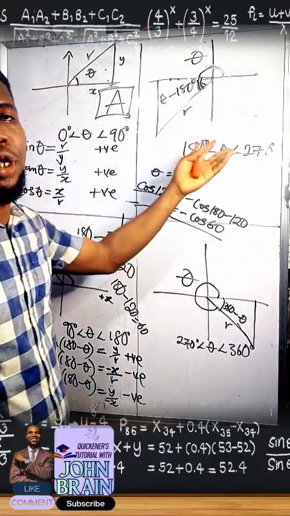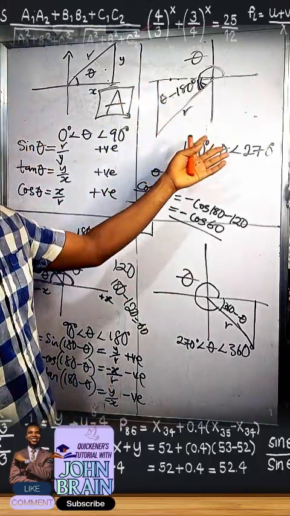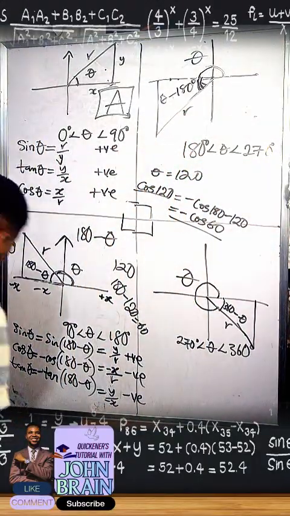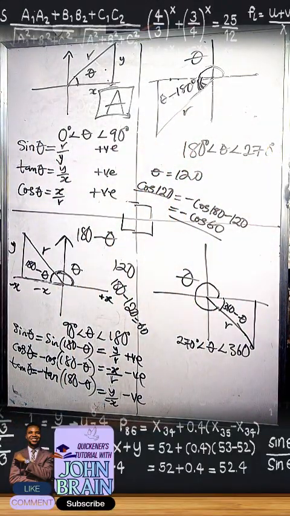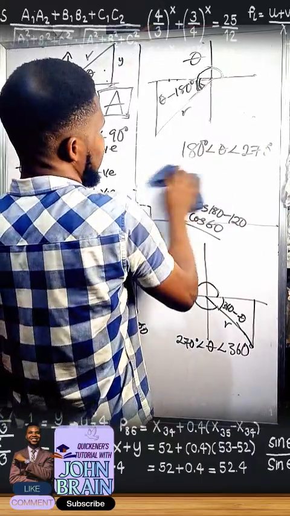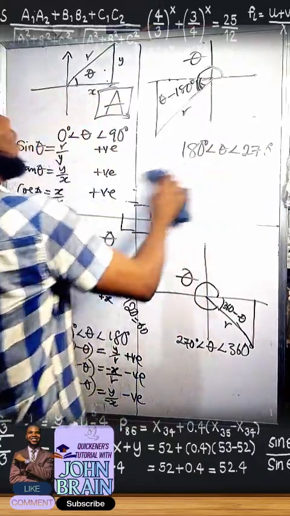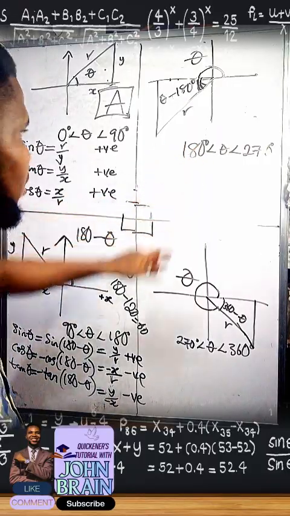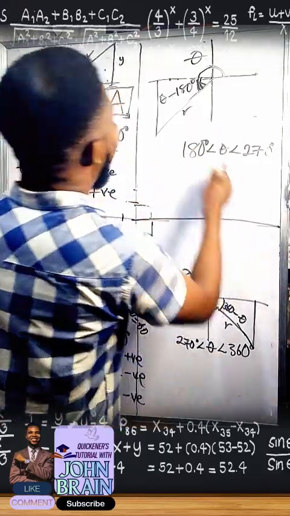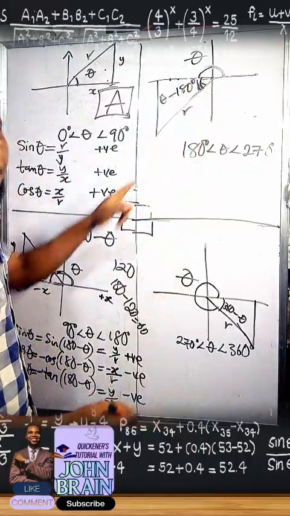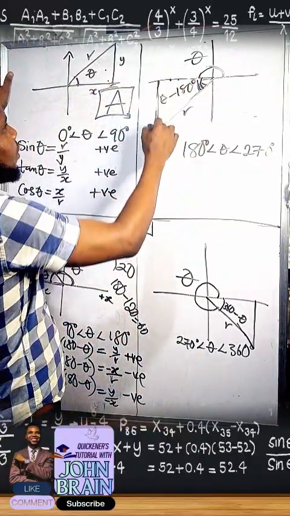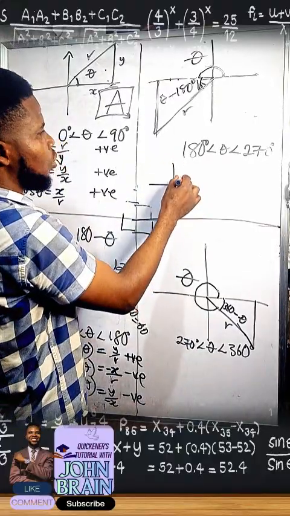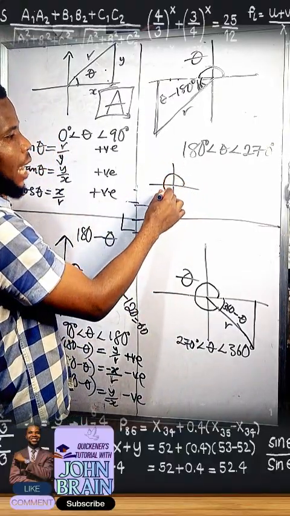Now let's go to the third quadrant. So let's explain the third quadrant here. Now focus here. This is our point of focus. At the third quadrant, you can see this is the third quadrant, right? Third quadrant simply means an angle that goes beyond 90, 180 and comes to this point.